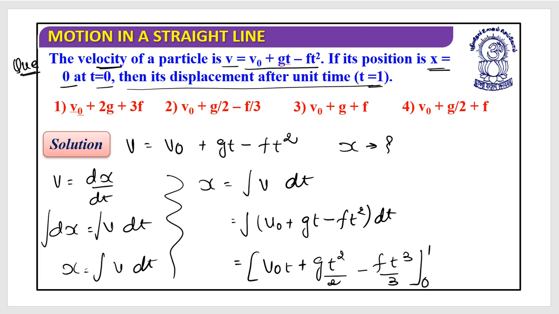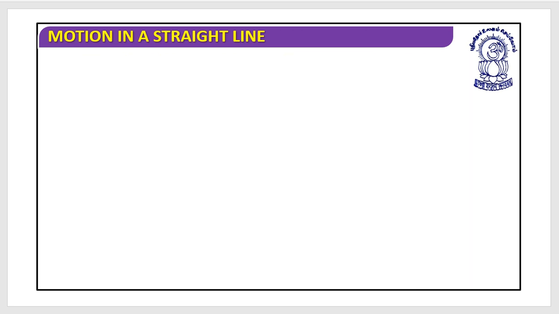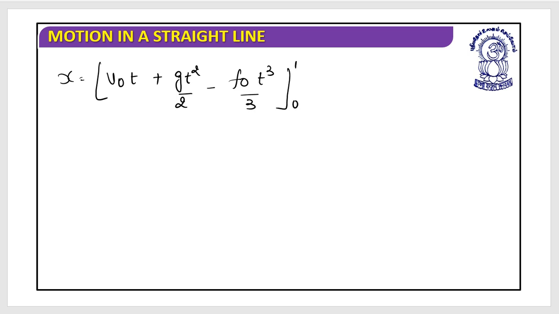So if I put the value of this, then x = v0 t + gt²/2 − f t³/3, beginning from 0 and ending on 1. So it's v0 + g/2 − f/3 minus, if I put 0, it would be 0 itself.